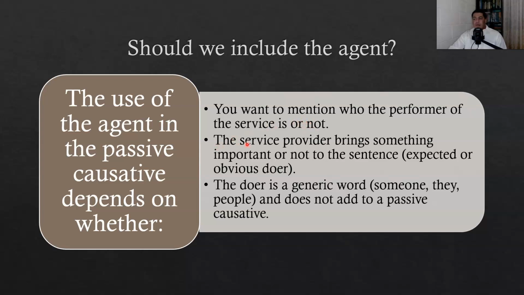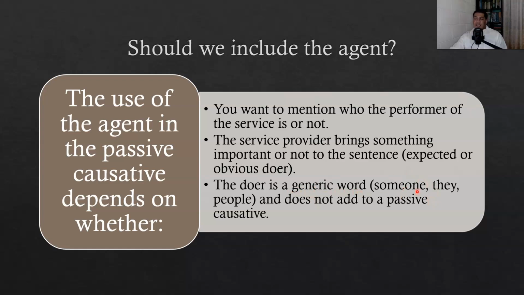And you need to think whether the service provider brings something important or not to the sentence. In other words, whether it is the expected or the obvious doer of an action. If it is the expected or obvious doer of an action, maybe you don't want to share that with people, right? You need to think whether the doer is a generic word.